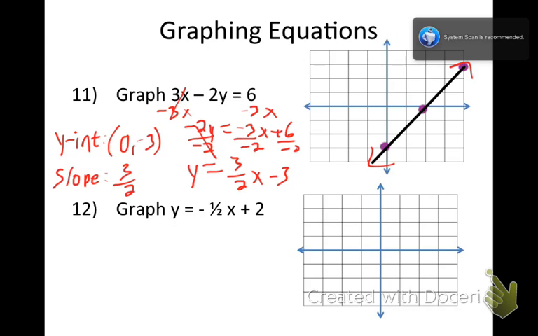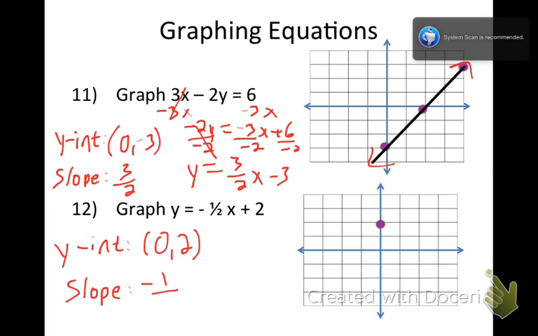Number 12. Is 12 in slope-intercept form already, Hannah? Yes, it is. So what's my y-intercept going to be? 0, 2. Great, so I'm going to start at 0, 2. Hannah, what's my slope going to be? Negative one half.